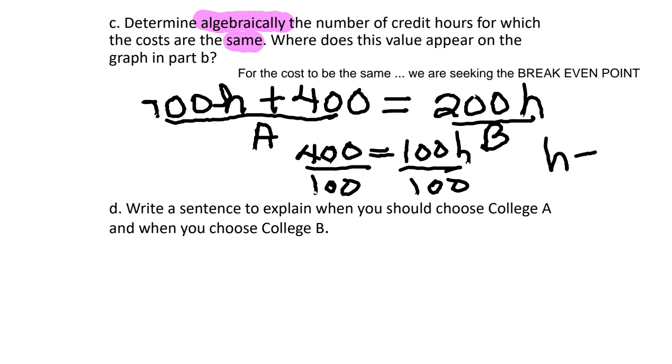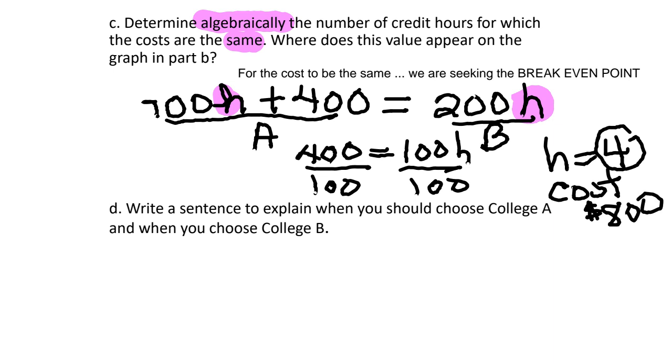H is equal to 4, but the cost is taking this 4, and I got two places. I can either put it here or here. I'm still going to get a cost of $800.